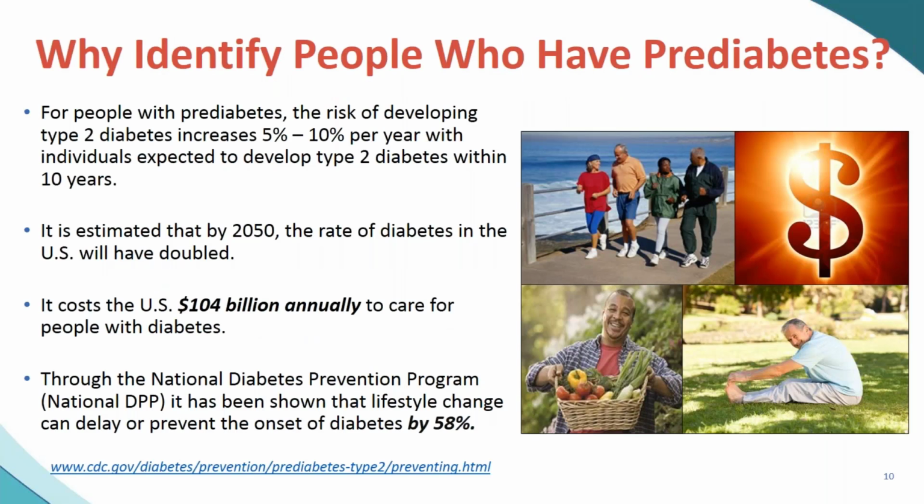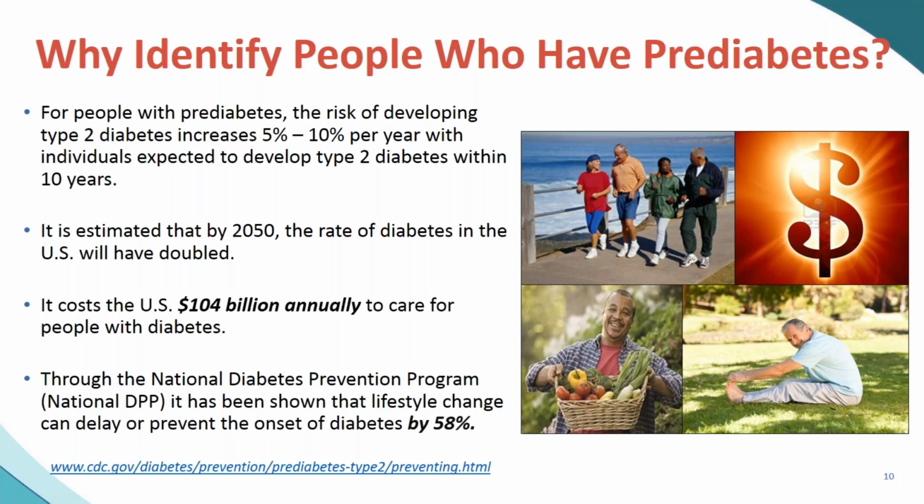The reason this is important, and as I said, I feel like both Scott and I have become real preachers in this area in the past year because we've just been so amazed at the statistics around prediabetes. Not only do we have such a high population with prediabetes, but the reality is you can actually do something about it.